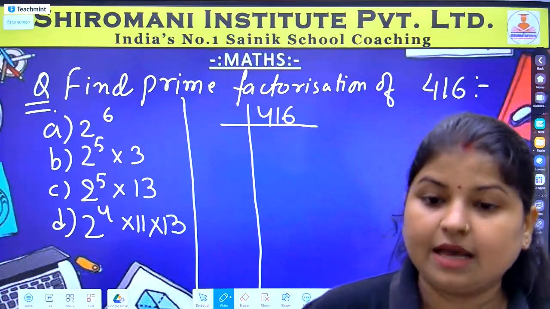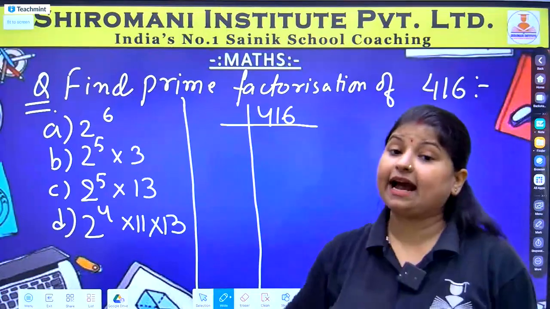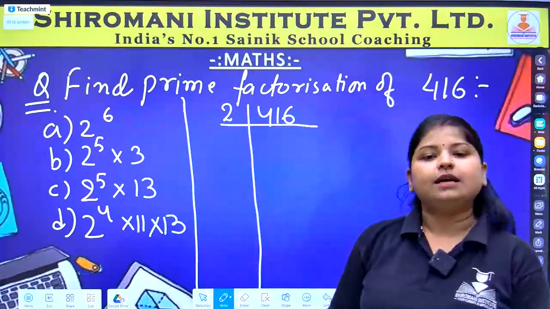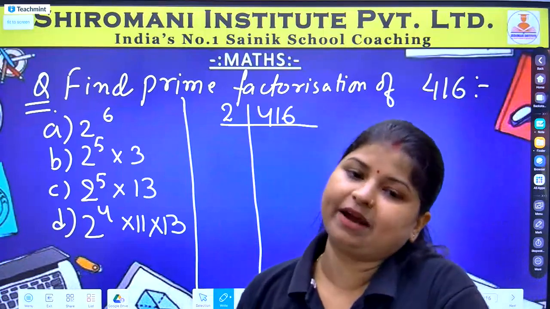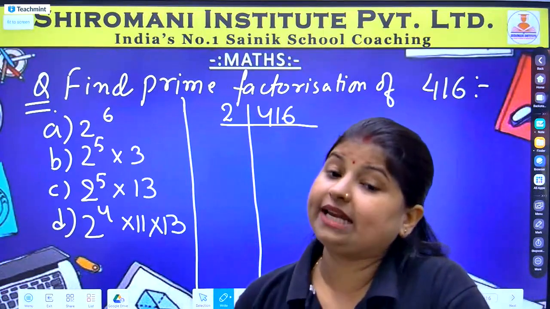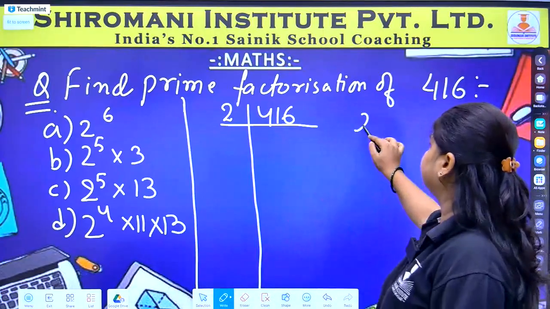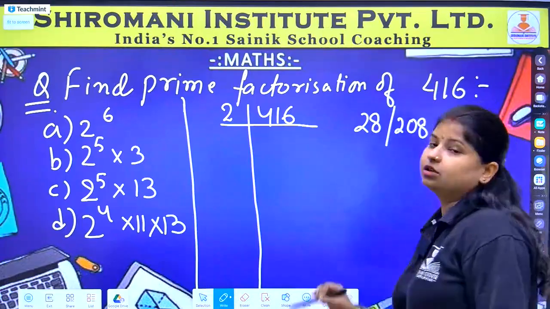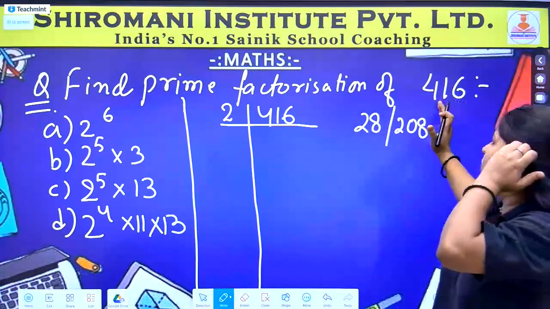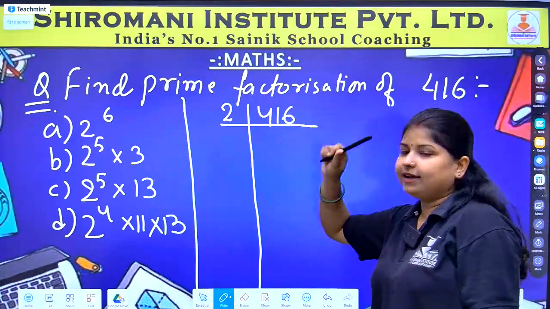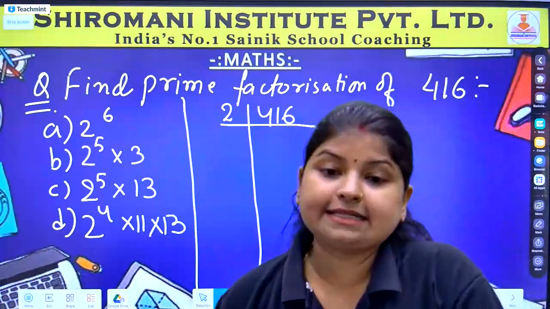That's why you can easily say that 416 is divisible by 2. Divide 416 by 2. How much did you get? Tell me. 28 or 208? Which one is correct? 208. Most of the students, what they do, 2 2s are 4 and 2 8s are 16.